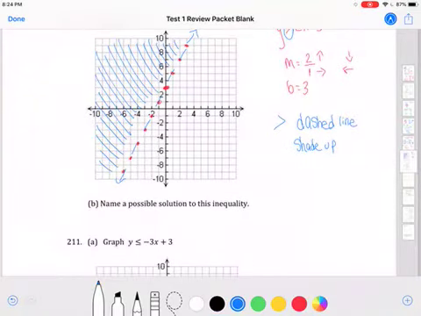For part B, to name a possible solution to this inequality, this point over here that I'm putting in yellow, right there on the bottom right, like 9, -7, is not a solution. The point that I'm putting in green for go over here is a solution because it's in the shading.